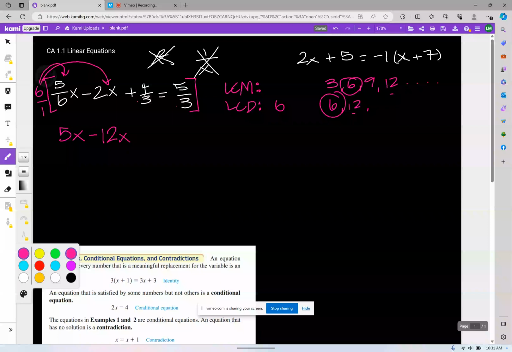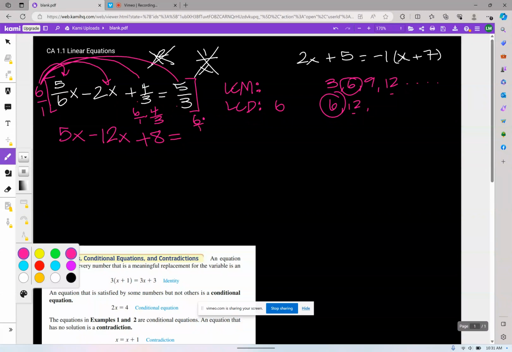I take the 6 and I multiply it by the next term, so 6 over 1 times 4 over 3. That's 24 over 3. 24 over 3 reduces to 8. And then I take 6 and I multiply it by the last term. So 6 over 1 times 5 over 3 is 30 over 3, or 10.